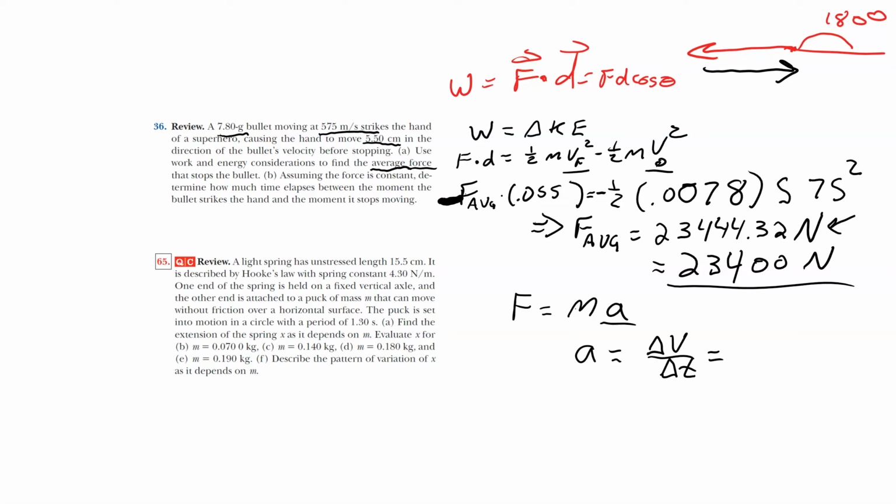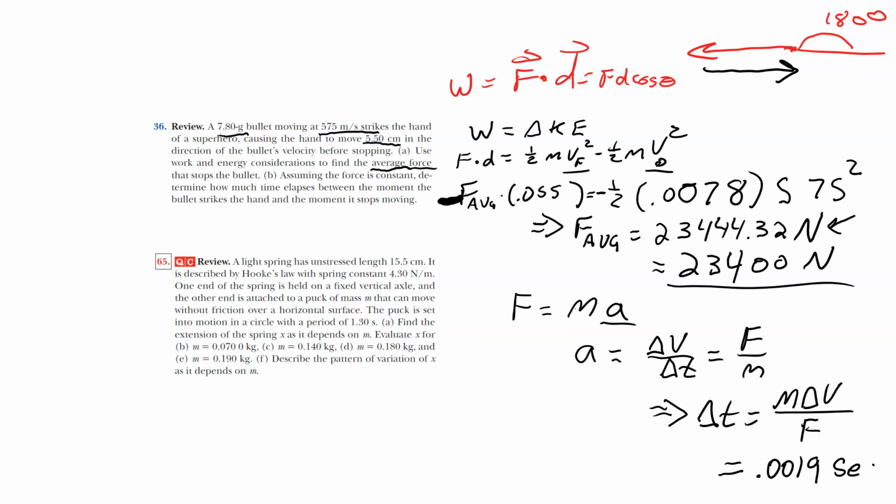But what is a? a is force over mass. And so they want the time. We can just say delta t equals m delta v divided by the force. And if we punch all that in, we get something like 0.0019 seconds.